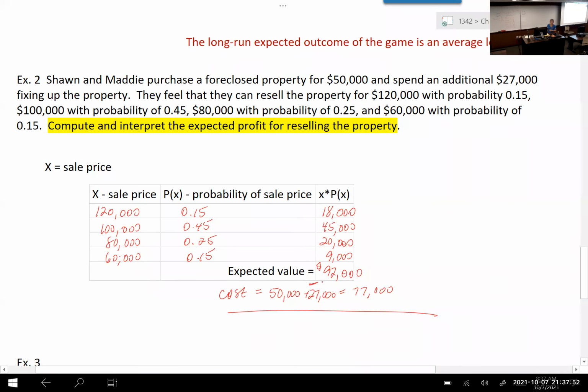So if they sell it for 92 and they put 77 into it, what could they expect for a profit? About 50,000. 15,000.